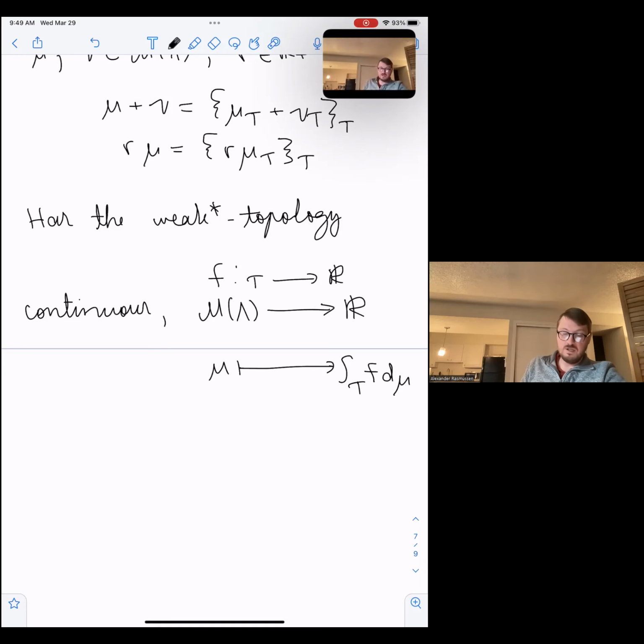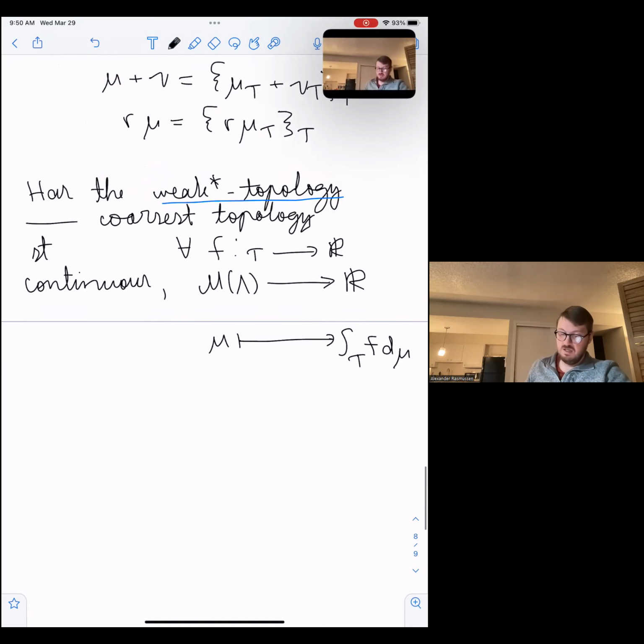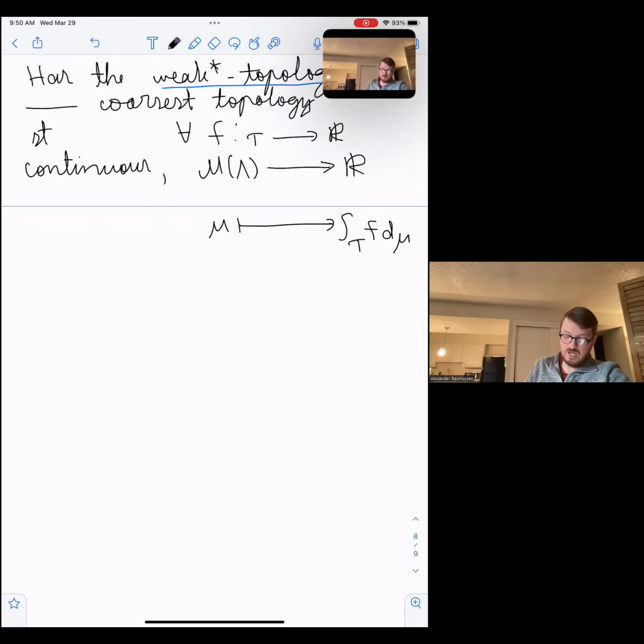And the weak star topology is the coarsest topology such that for all f continuous defined on a transversal, the function on the cone obtained by integrating is also continuous.